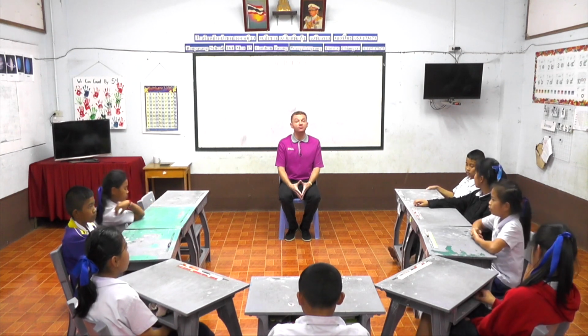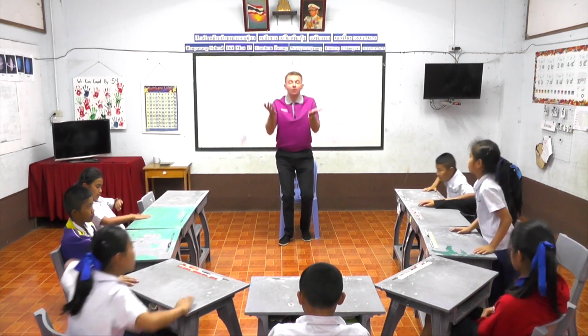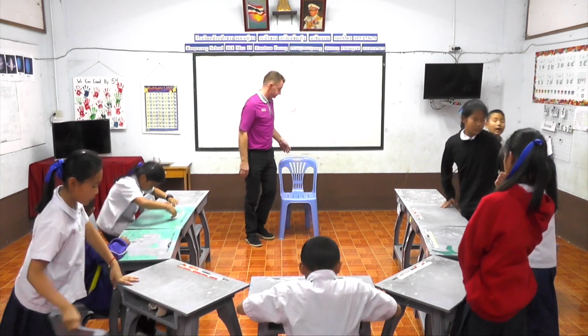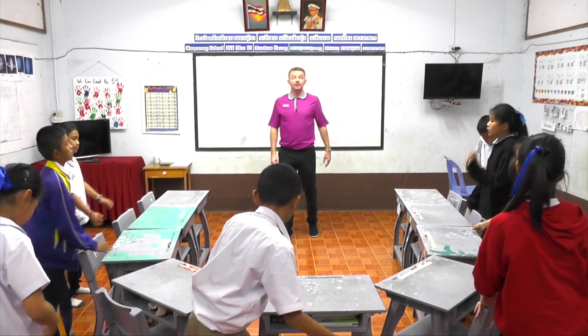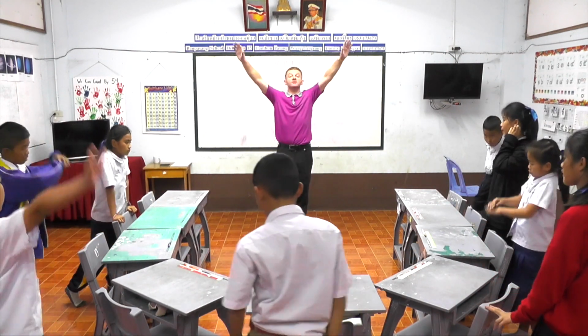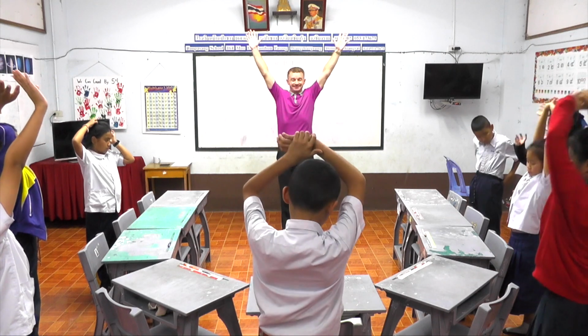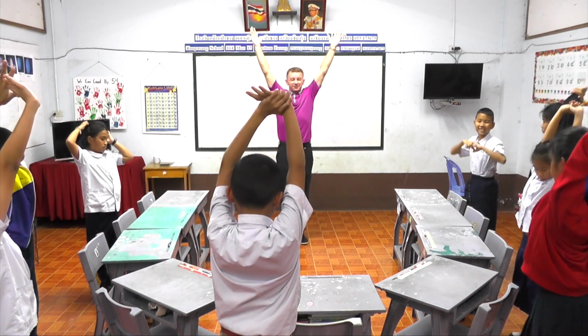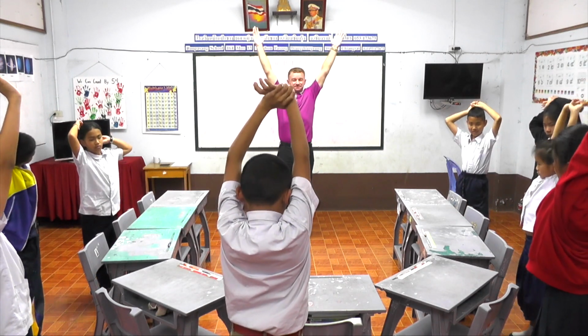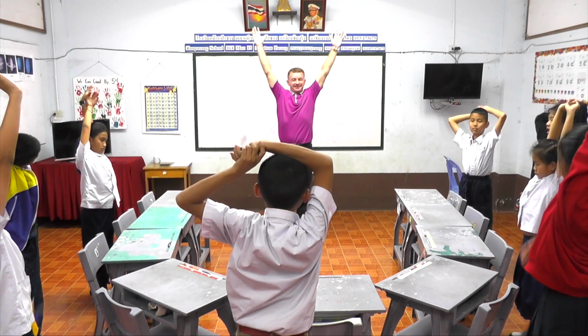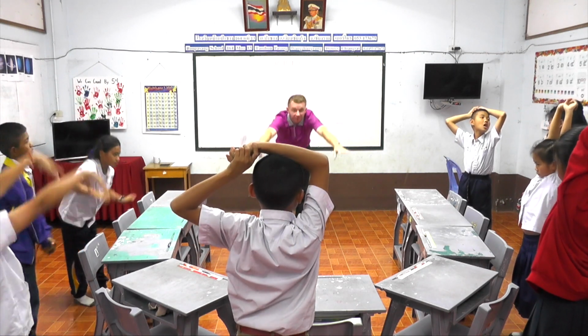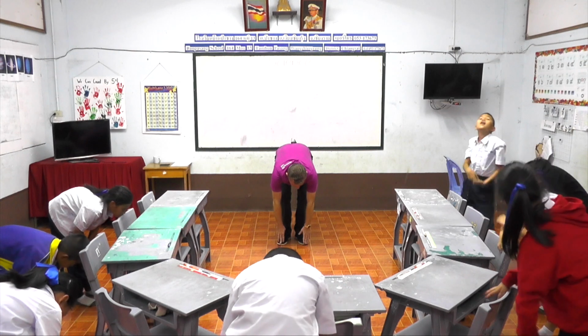Next we can do our stretch sequence. Let's stand up and push in our chairs. We begin by stretching up high to the sky, high as we can. Then let's go down low and touch our toes.